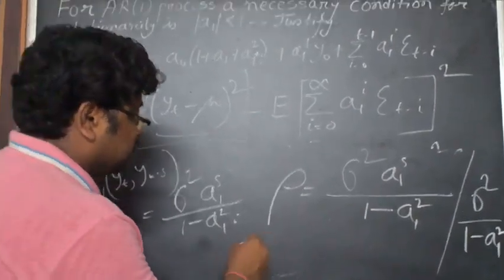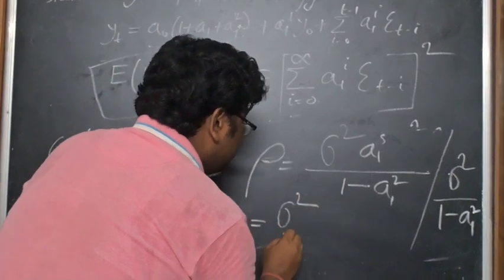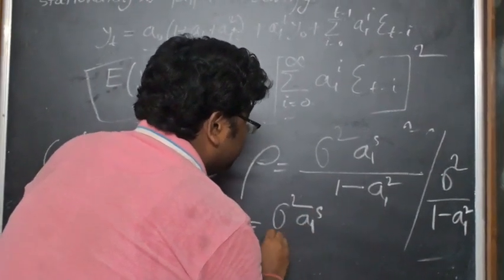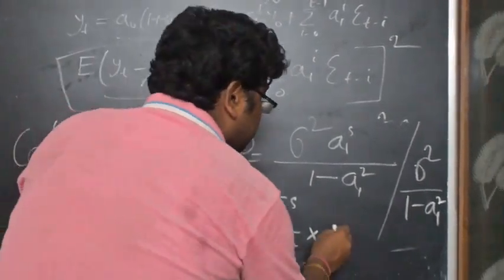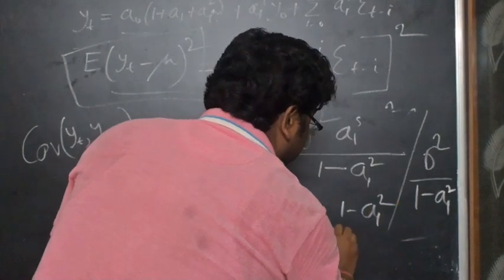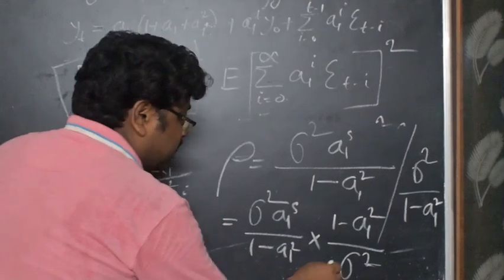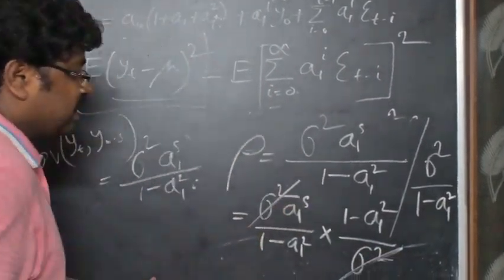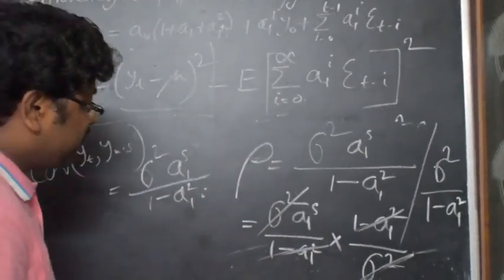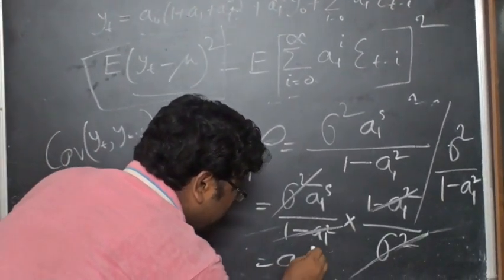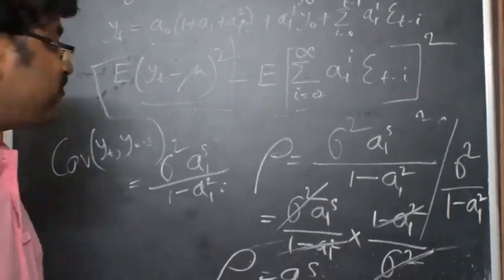By simplifying it, the sigma squares cancel out, and the 1 minus a1 square terms cancel out. So what remains is a1^s. So rho s is a1^s.